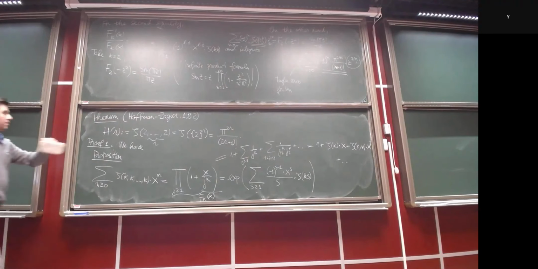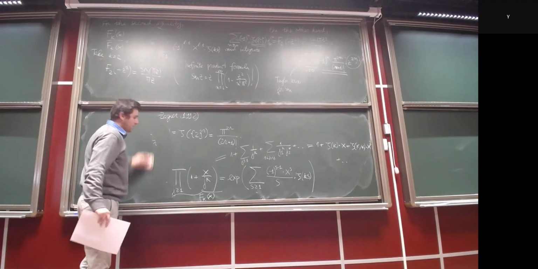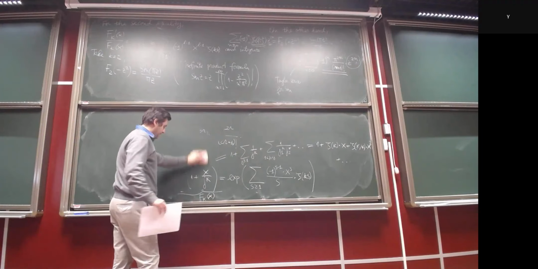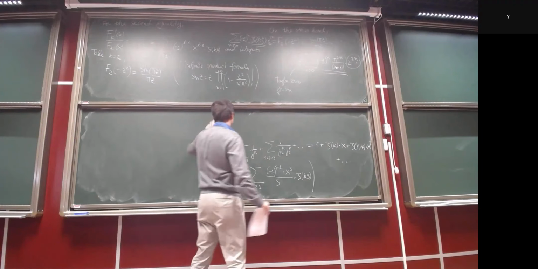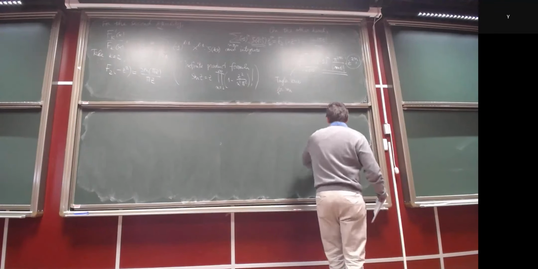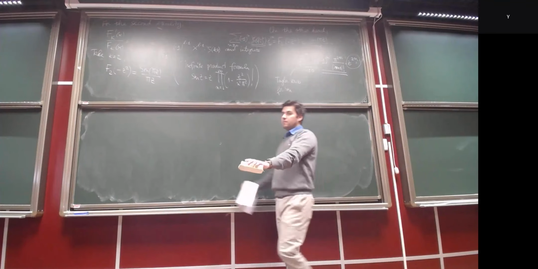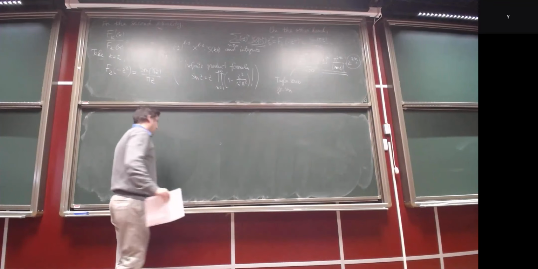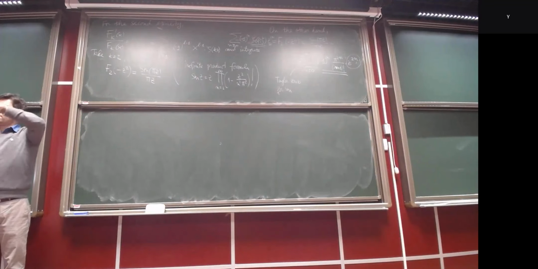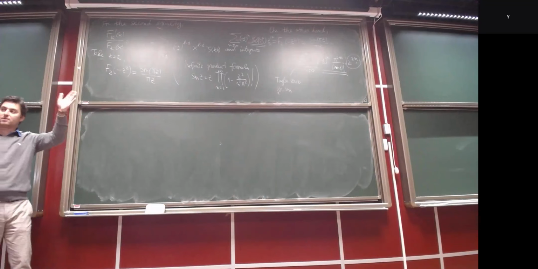There was another thing that I wanted to discuss. In fact, I'll tell you a general story of how to come up with these generating functions. And of course, by Dongshen's remark, you can actually prove it for zeta of 4, 6, and so on.